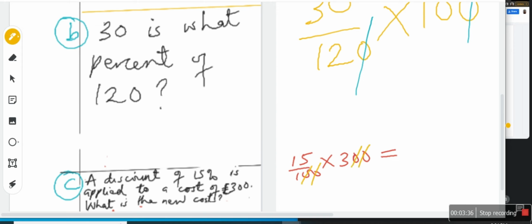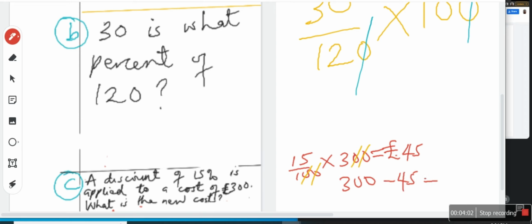Interesting. This gives 45. And then what did you do next? Okay, so since it's a discount, you have to remove this amount. All right, so that's correct. So you did 300 minus 45.